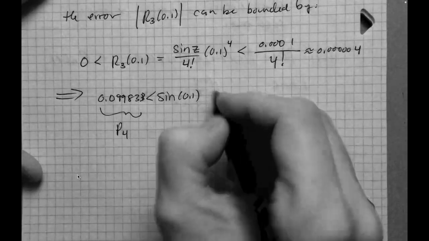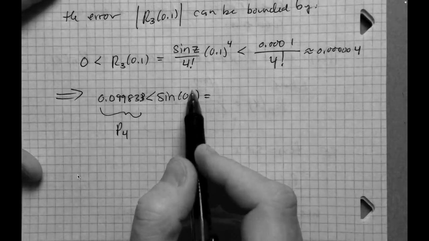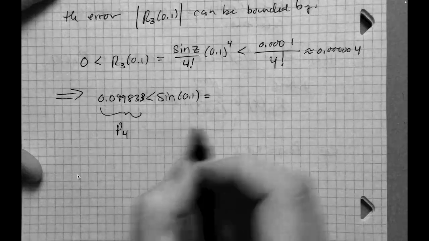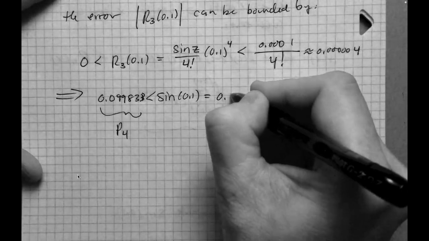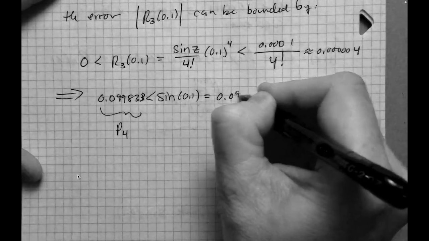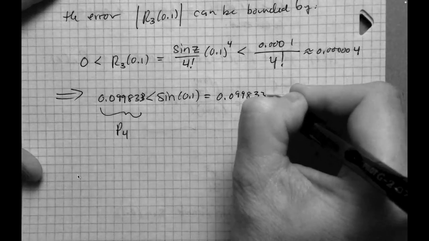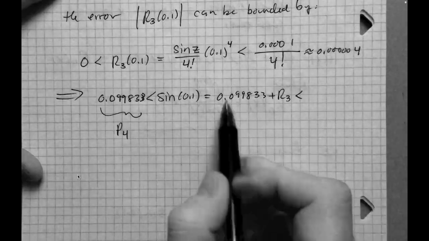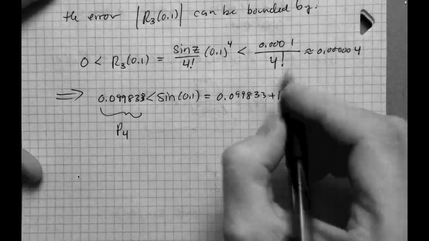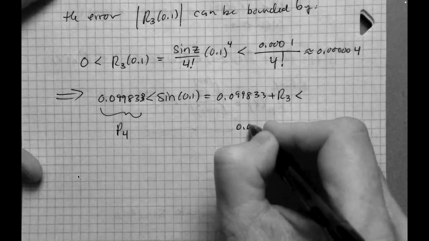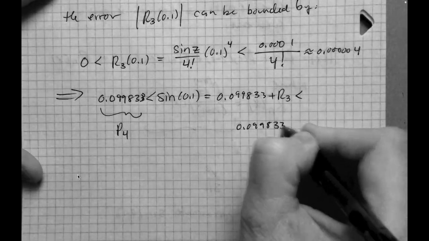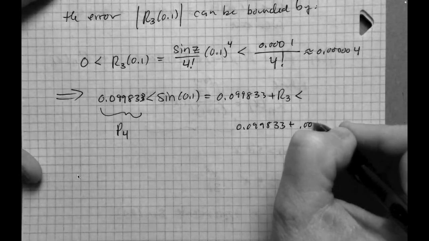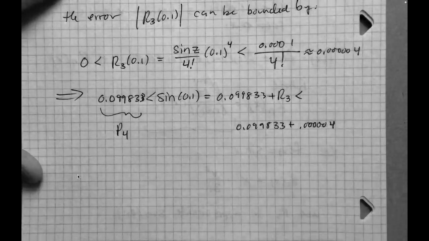And we know that sine of 0.1 would be equal to 0.099833 plus R3, which would be less than the upper bound here. So it's less than 0.099833 plus 0.000004.